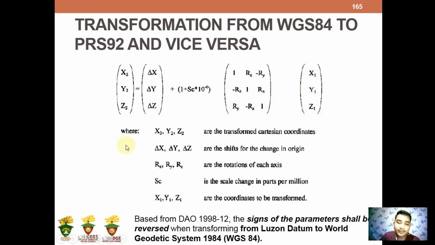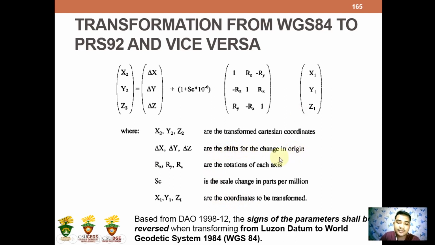Here x2, y2, and z2 are the transformed Cartesian coordinates, what we are looking for, while the change in x, change in y, and change in z, the delta x, delta y, delta z, are the shifts of the change in the origin.